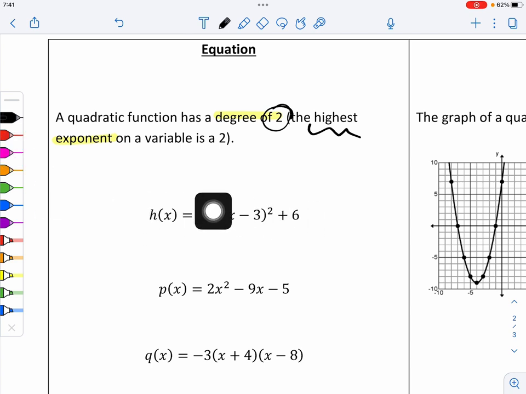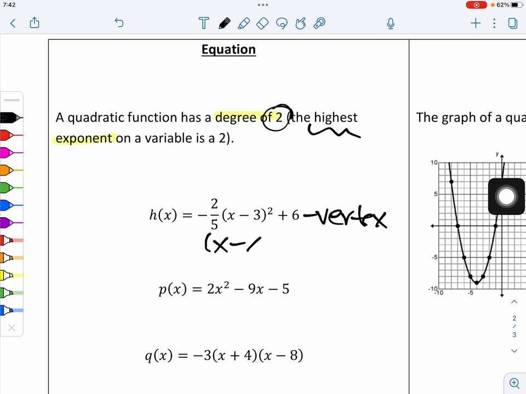When I look at this quadratic function in vertex form, the squared, the degree 2, that exponent of 2 is outside the parentheses, but what would happen if I multiplied x minus 3 times x minus 3? The first thing that happens is we get x times x is x squared.